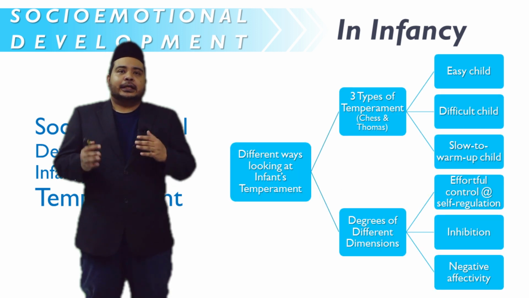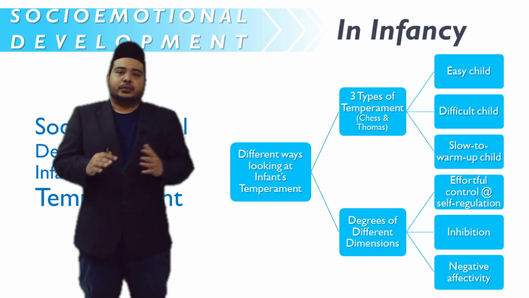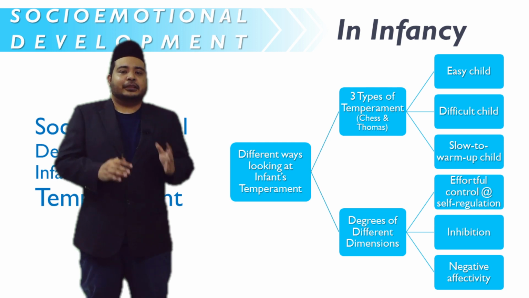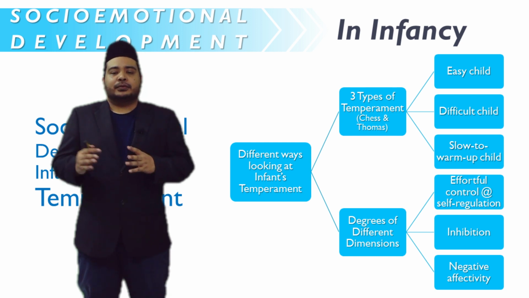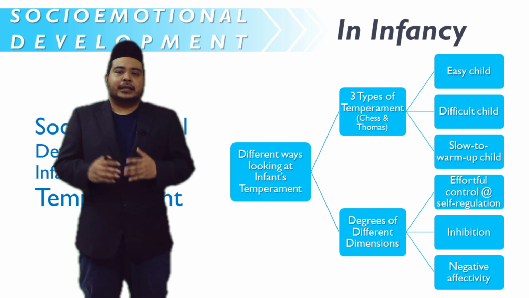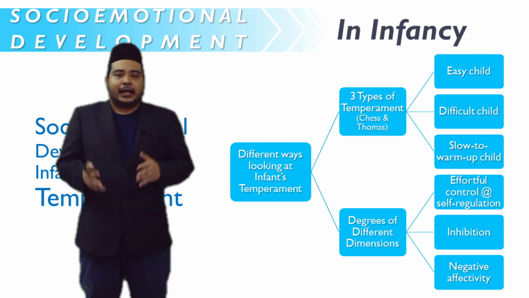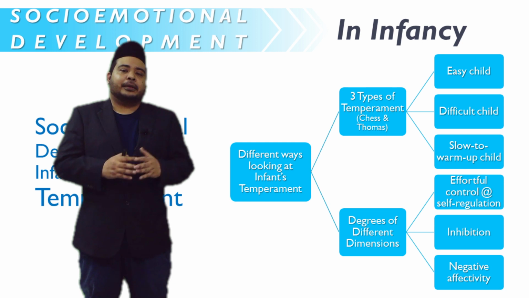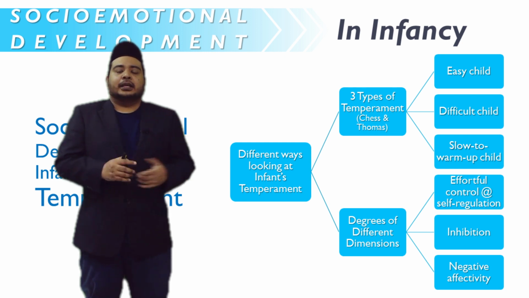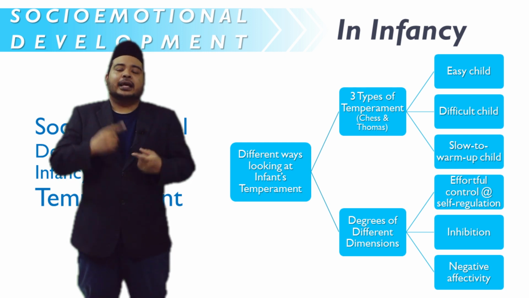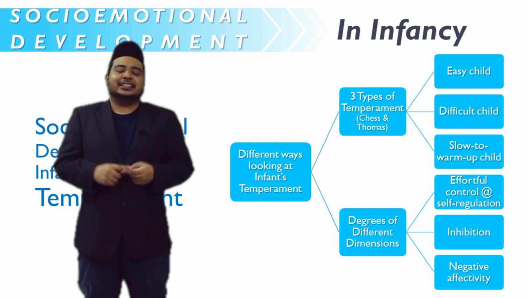So there are many different ways to look at temperament in infancy. One of the most famous ways is based on Chess and Thomas, who categorize three types of temperament among infants. One is the easy child, second, the difficult child, and third, the slow to warm up child.